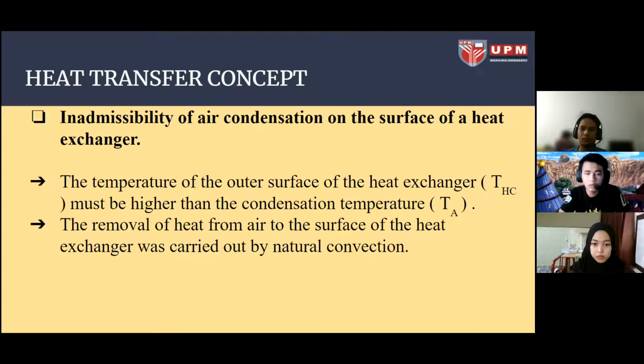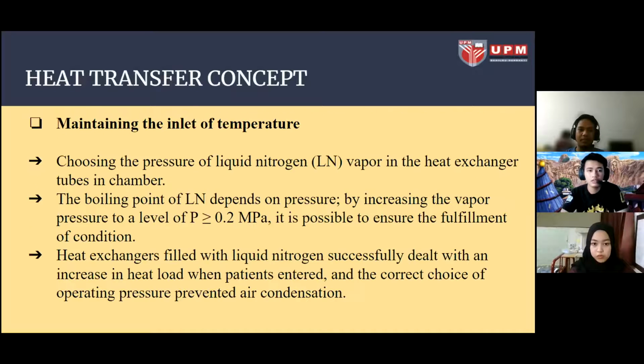The same concept is applied in this case, where the temperature of the outer surface of the heat exchanger must be higher than the condensation temperature. So the removal of heat from air to the surface of the heat exchanger was carried out by natural convection. Next concept.